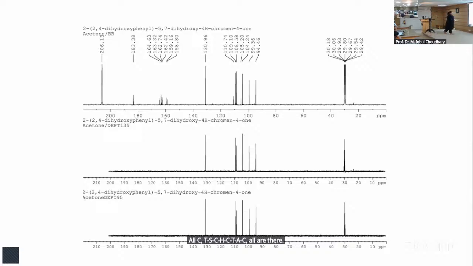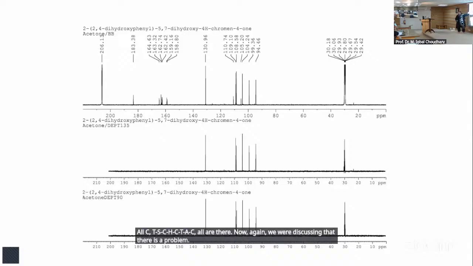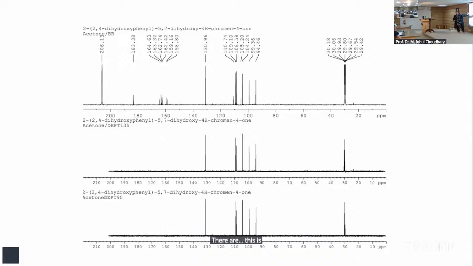Now again, we were discussing that there is a problem. This is a decoupled spectrum, right? So no coupling is there. We are just a bit confused where to assign which one. And this is solvent. Let's ignore it, okay? And others are the chemical shifts.